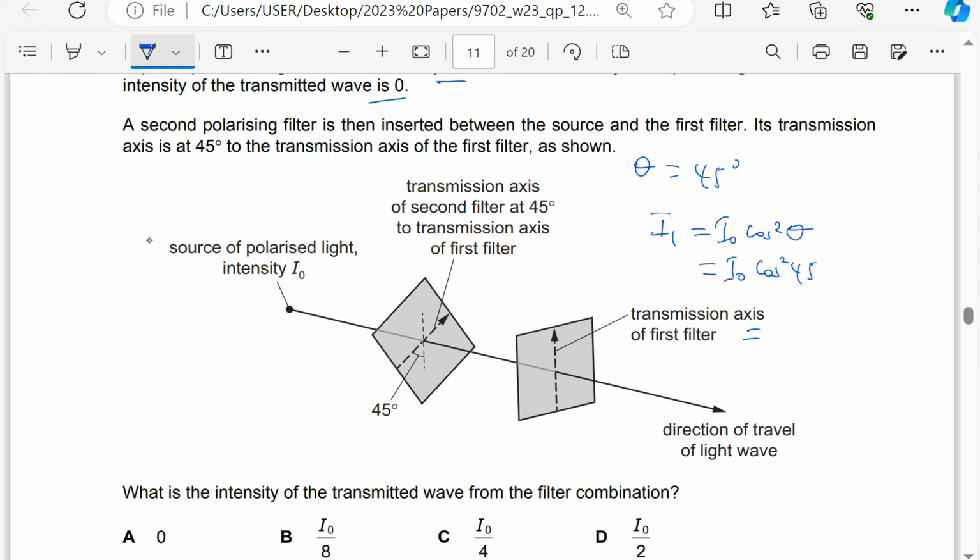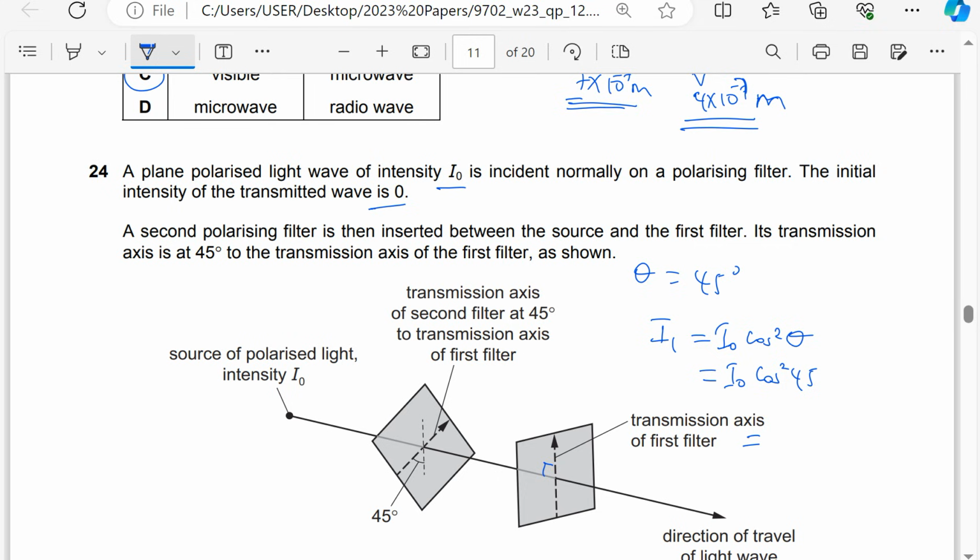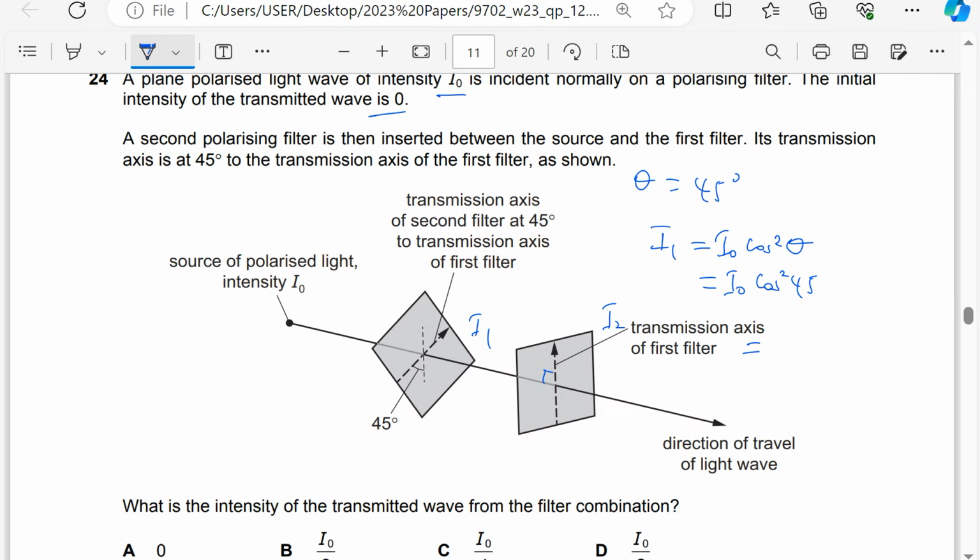For the first one, it was incident normal. So if it emerges here as I1, it will just continue through as I1. I will not repeat this again because the angle will not be changing. What is cos of 45? It is 1 over root 2, but this is squared. So for the first one, it is going to be I naught over 2.